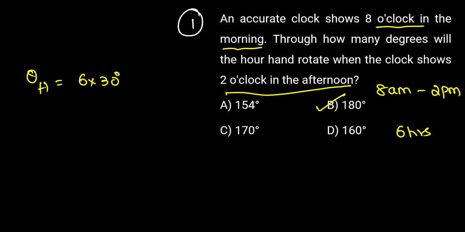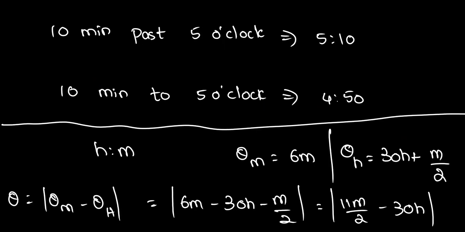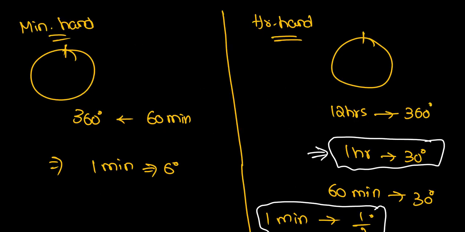And you may have a doubt like, sir, in the hour hand, you took hours and minutes both. In the minute hand, can't you take minutes and hours? Why can't you take hours in the minute hand, sir? Listen, every hour how much angle, sir? 60 minutes is nothing but 360, which is nothing but 0.